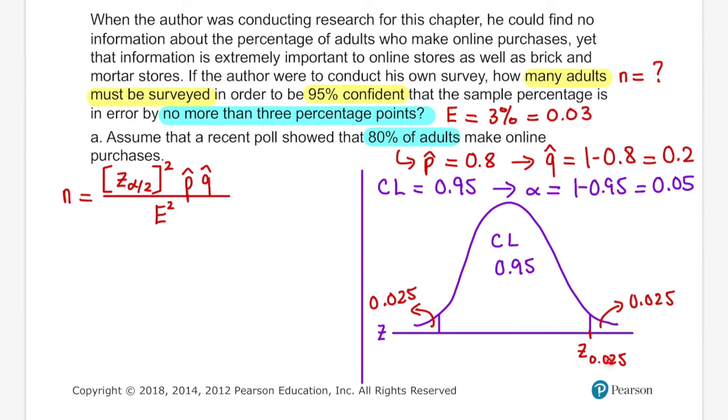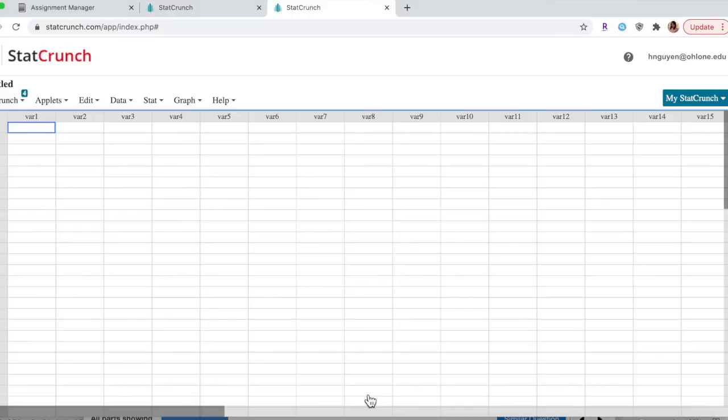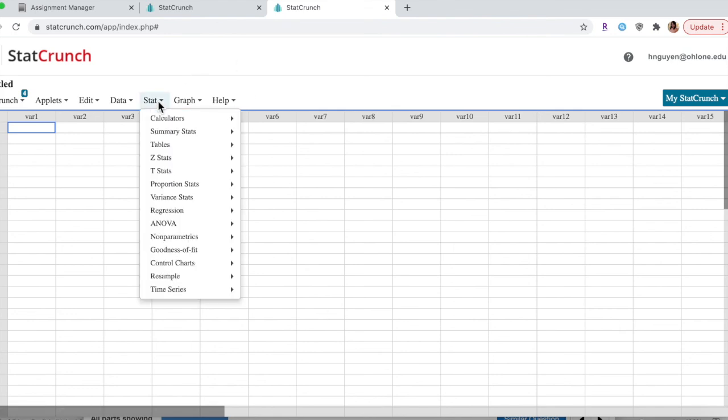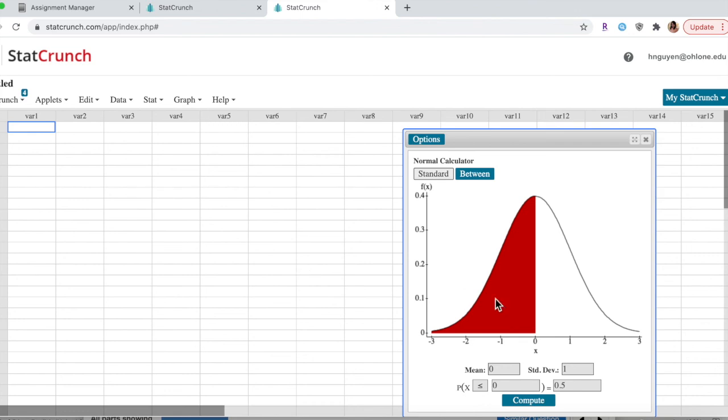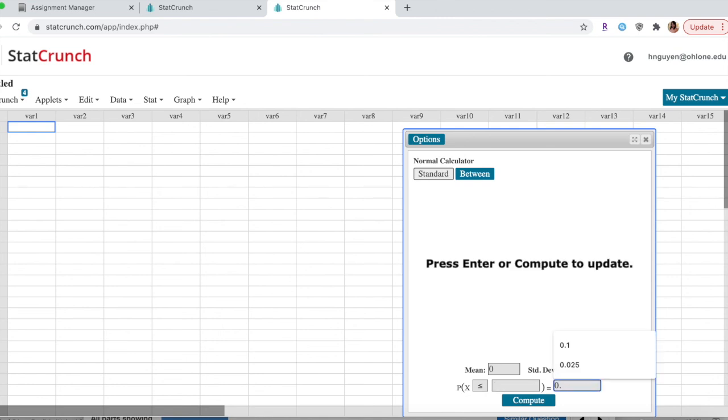I am going to use StatCrunch for that. To find the z-score, we are going to use the same calculator that we used in Chapter 6: Stat, Calculators, Normal. My mean is 0, my standard deviation is 1, and I know the area on the right, which is 0.025.